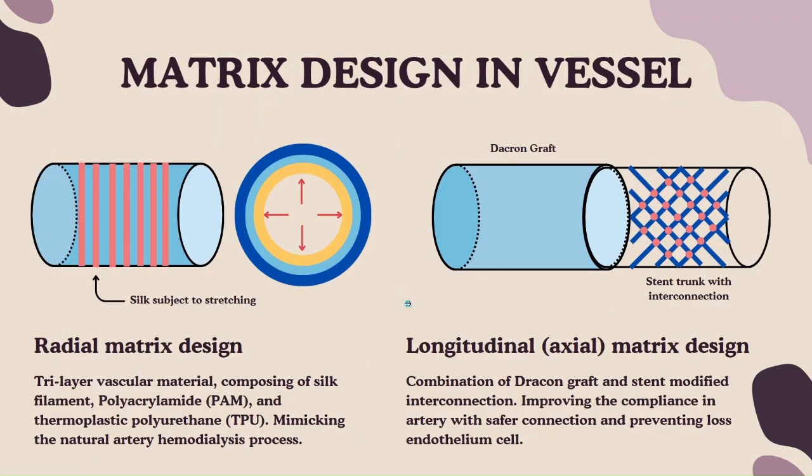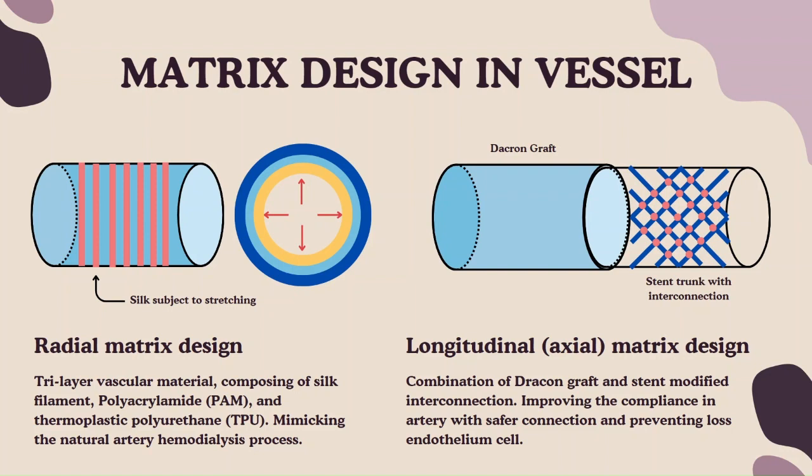In the current research field, researchers are trying to build a better matrix design for the artificial vascular vessel, one of which tries to mimic the natural blood vessel as closely as possible by using a radial matrix design.